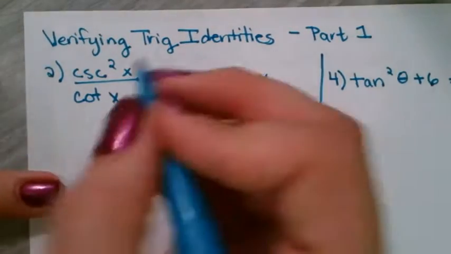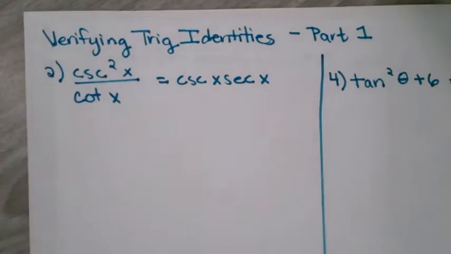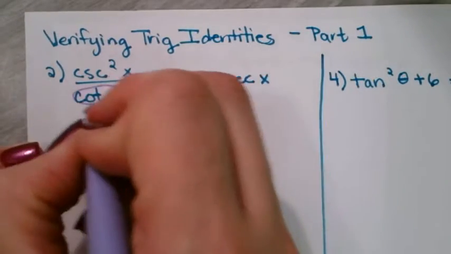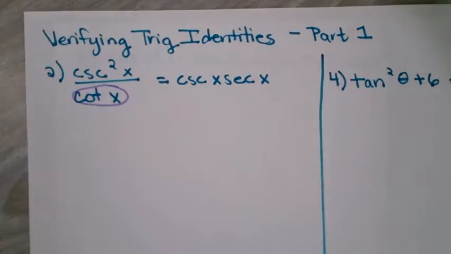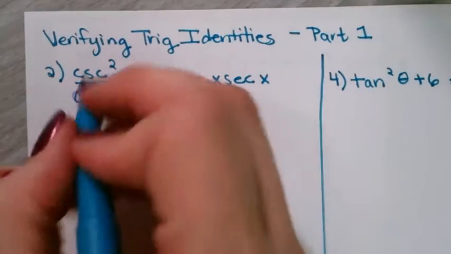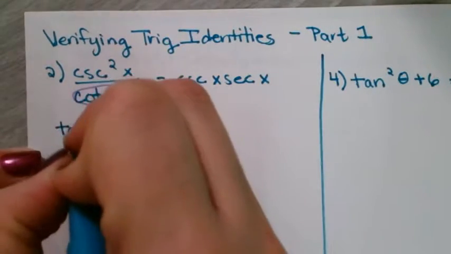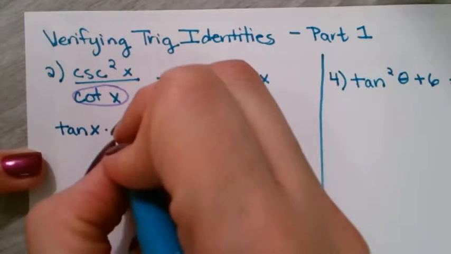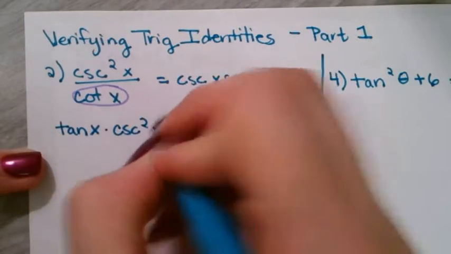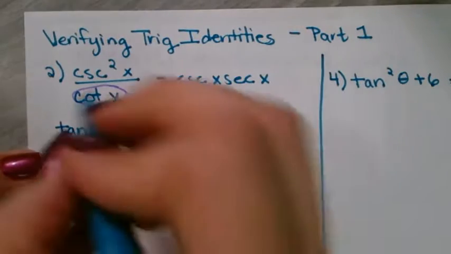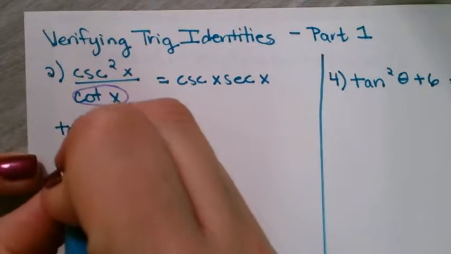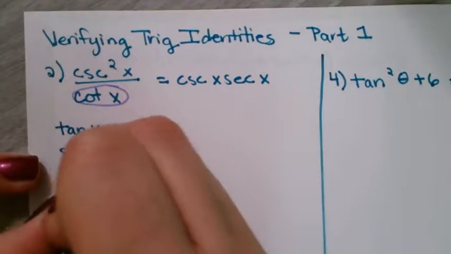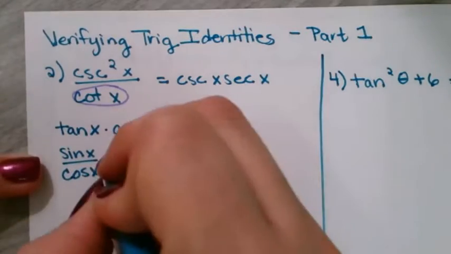So let's get started. My first step is to rewrite my cotangent x in the numerator by using its reciprocal of tangent. So that's the same thing as tangent times cosecant squared x. Now I know that tangent is the same thing as sine x over cosine x by your quotient property.